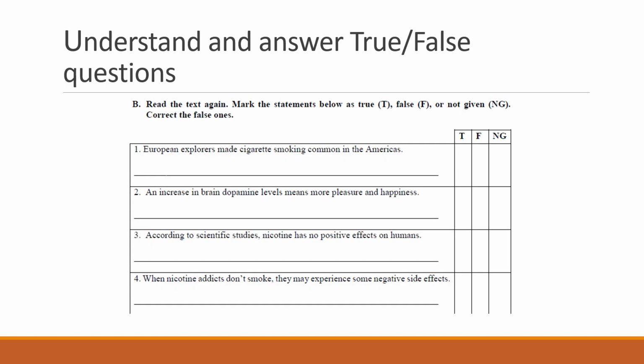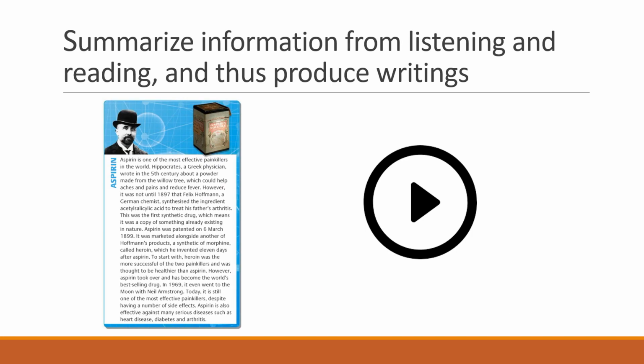Similar to information gap questions, paraphrasing plays an important role in true-false questions. In this example, all the sentences are the paraphrase versions of the sentences in the reading text. So, in order to understand and answer this type of question, you need to have paraphrasing skills.